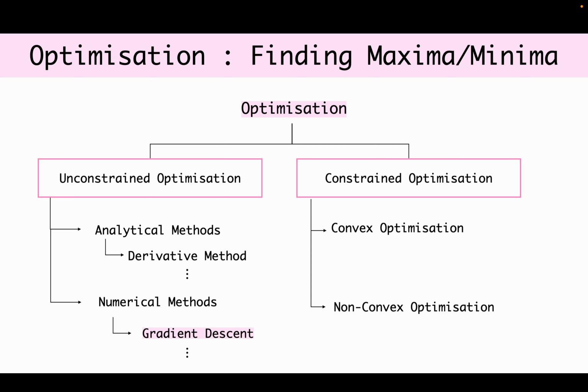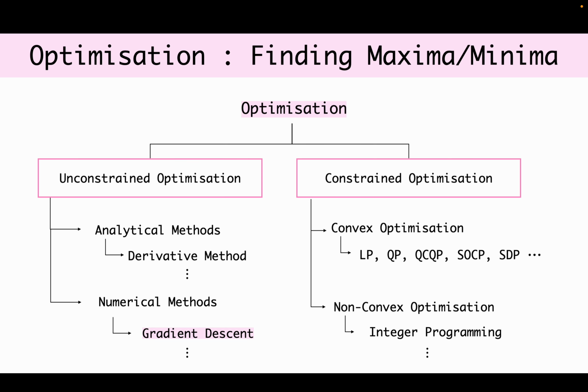In convex optimization, we have various algorithms like linear programming, quadratic constraint quadratic programming, SOCP, SDP, etc. In non-convex optimization, we have integer programming and various other algorithms.